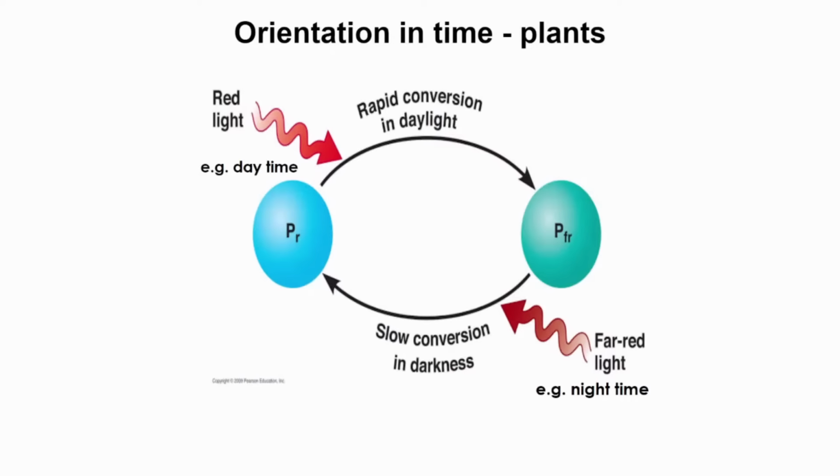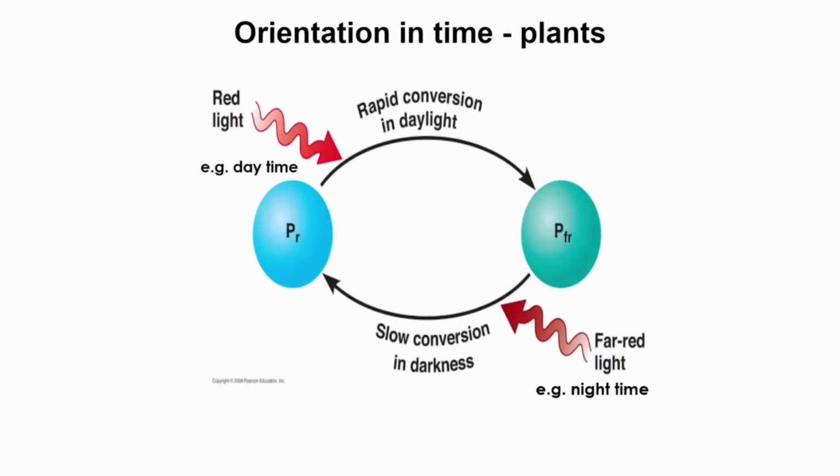So what phytochrome far red does is it promotes flowering in long day plants, and it inhibits flowering in short day plants. Day neutral plants, it doesn't affect it. Phytochrome red, the other form, doesn't actually do anything. It's inactive. It's only phytochrome far red that is the active form.